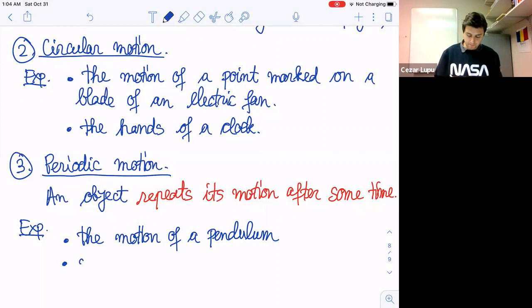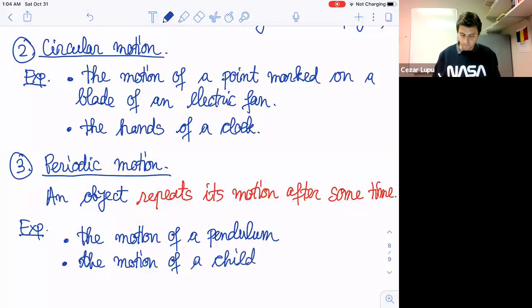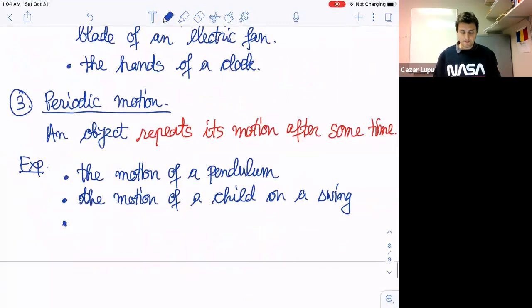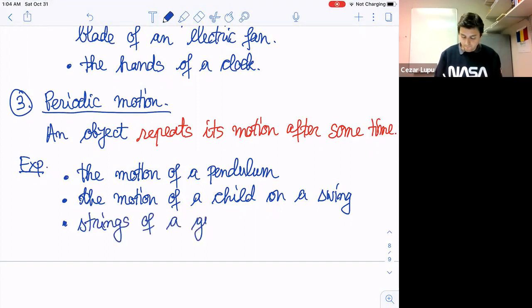The motion of a child on a swing. What else? The strings of a guitar. Okay, so we have plenty of options here. There's plenty of examples for these three.